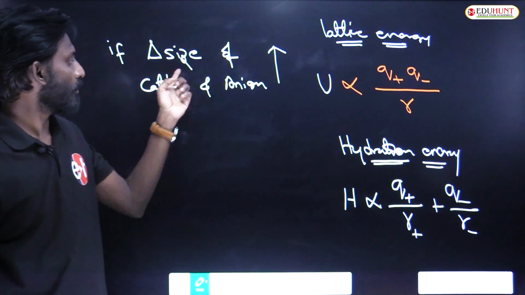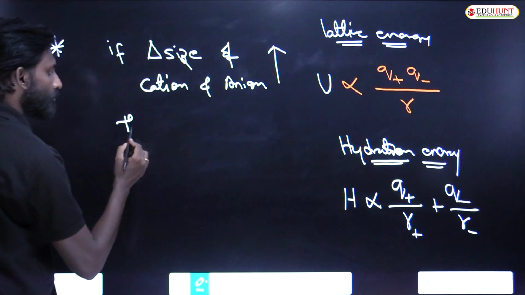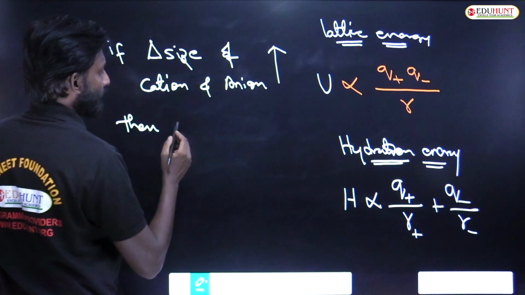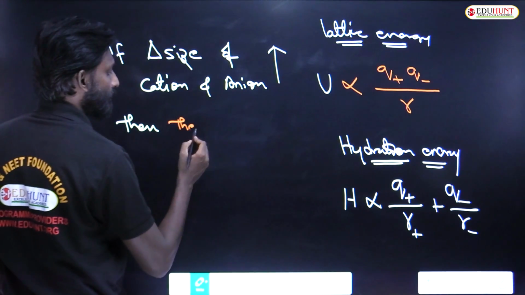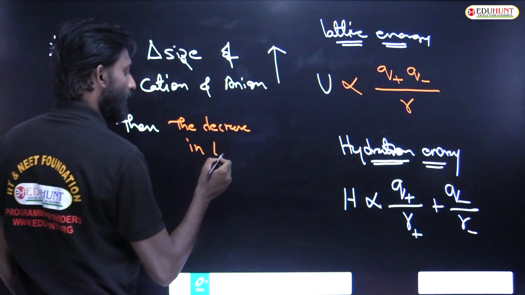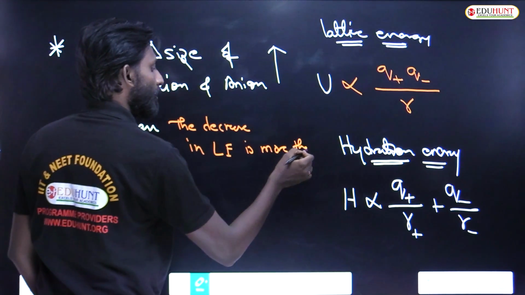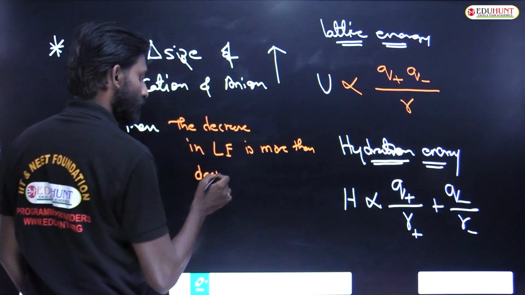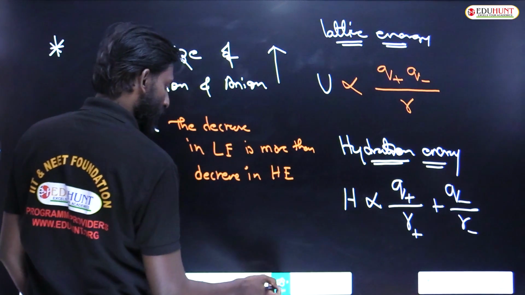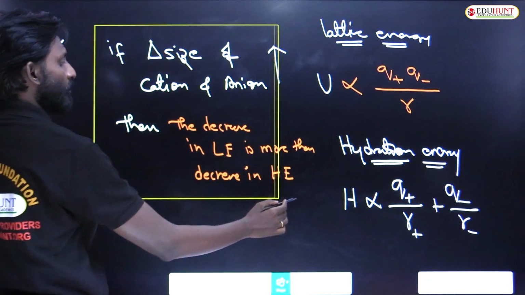If the difference in the size of cation and anion increases, then the decrease in lattice energy is more than the decrease in hydration energy. This is quite important. This one thing you need to remember.